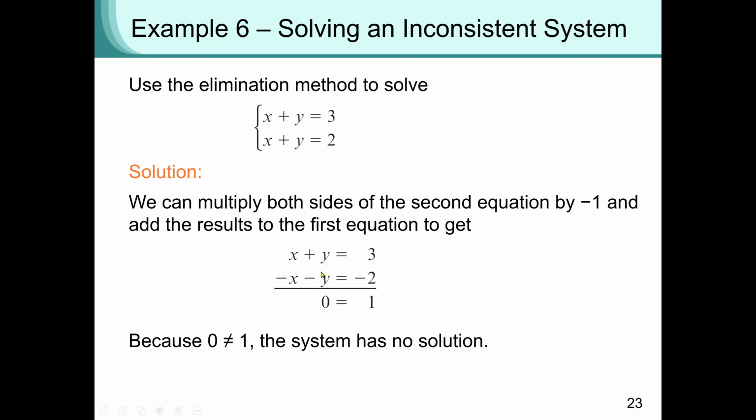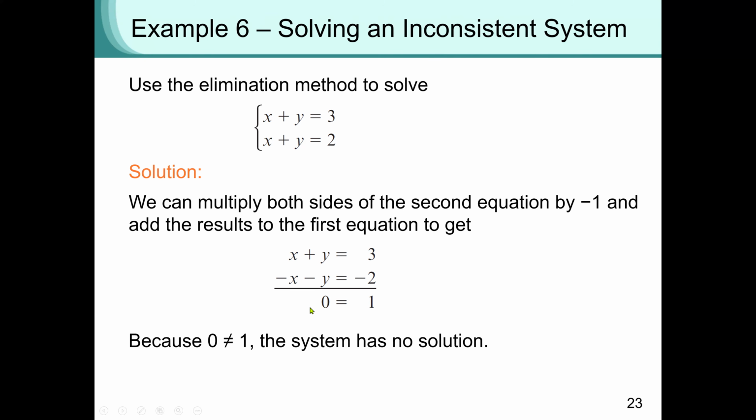Y also we're able to cancel because we get plus y minus y. But we have a constant value. Now, if we have 0 equal to 0, then we have infinity solutions and the system is consistent. The only thing, the two equations are the same. Here, the equations are not the same, but no solution, so inconsistent system. So here we write the system has no solution.